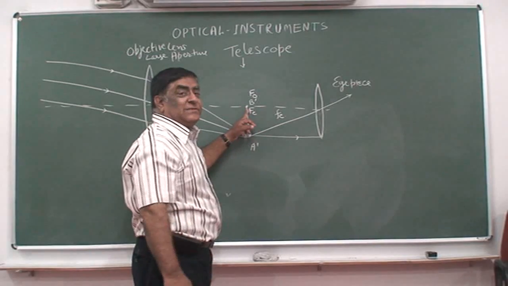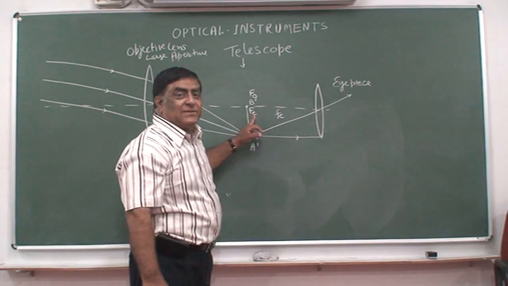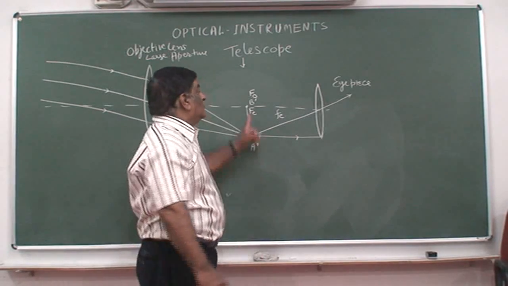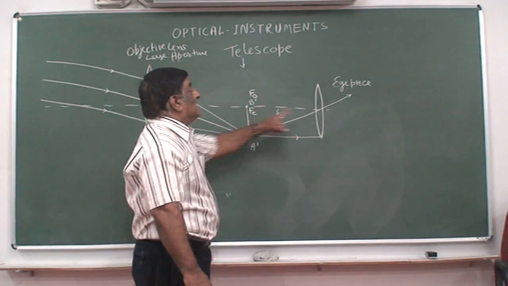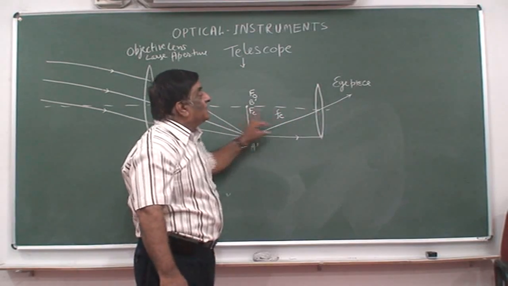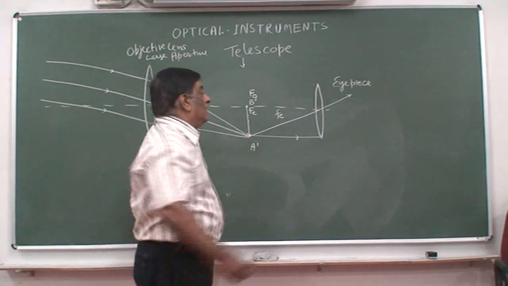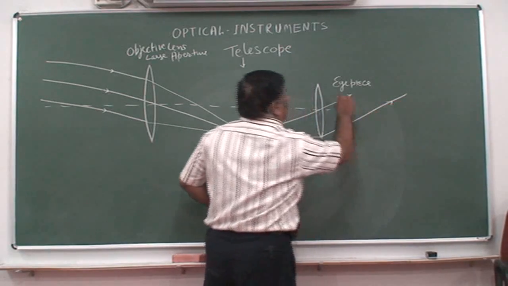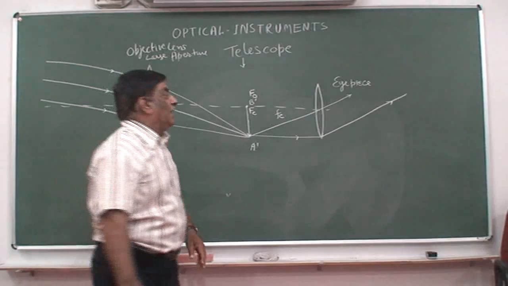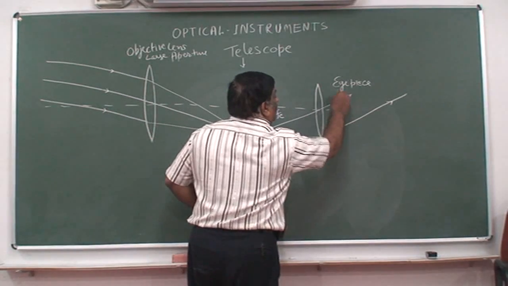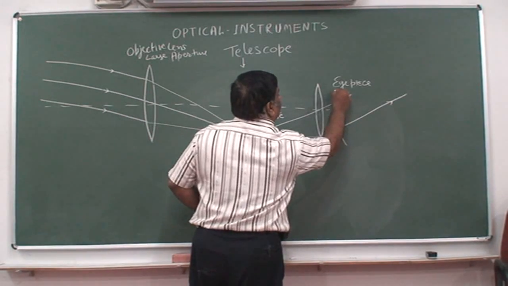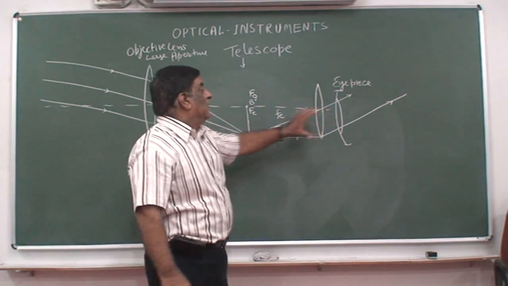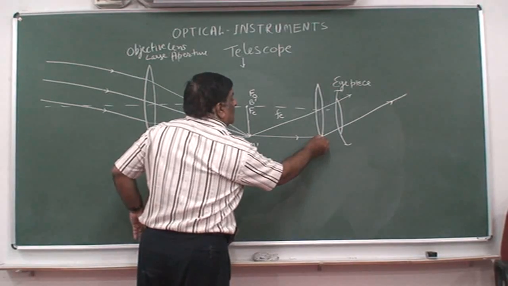Now anything in the focus of a convex lens, after refraction the rays become parallel, that we already know. So now this image is at the focus of this lens, therefore the rays going from here will become parallel. We can make it like this, and this one will go through the focus, but these two will be parallel. When these two are parallel and we put our eyes here, very close to this lens, and see, where do we see the image?